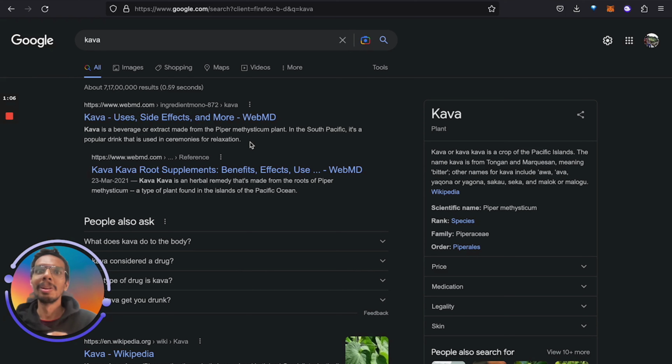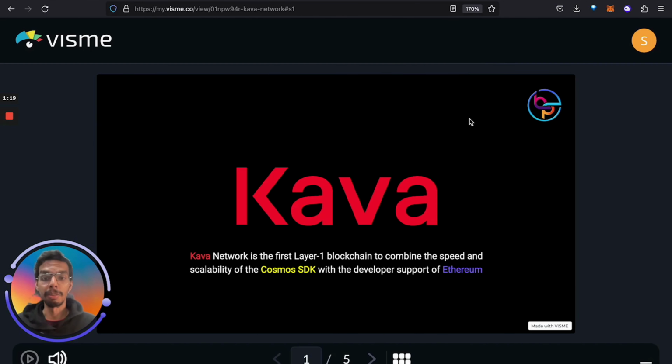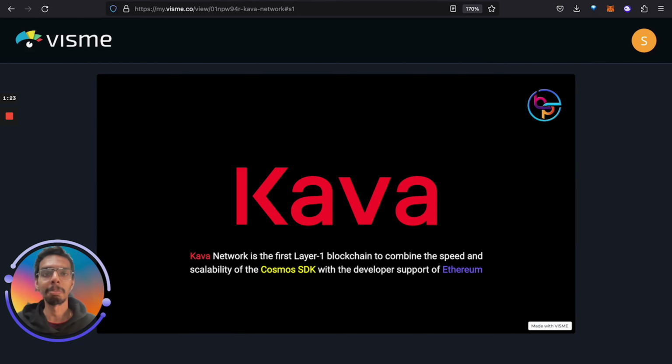Okay, so keeping that in mind, let us also relax, get in a comfortable place, and try to learn more about the Kava network. So Kava network is the first layer 1 blockchain that combines the speed and scalability of Cosmos SDK with the developer support of Ethereum.